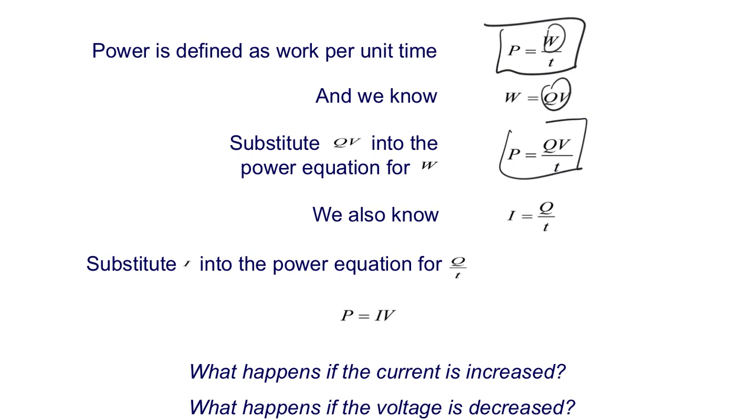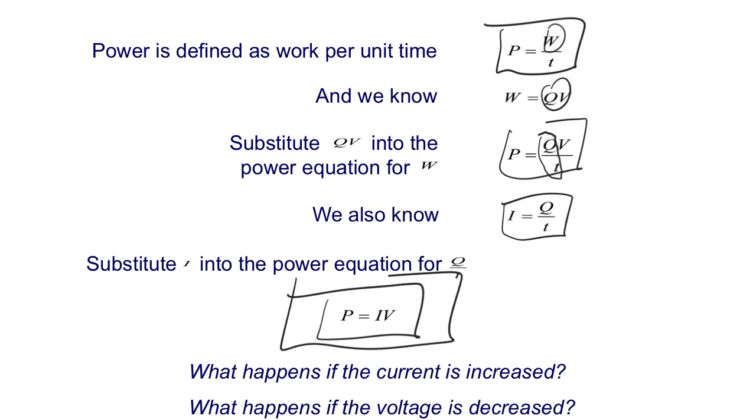And because I equals Q over T, we can substitute the I in for the Q over T. And so we get this equation, which will be on your equation sheet.